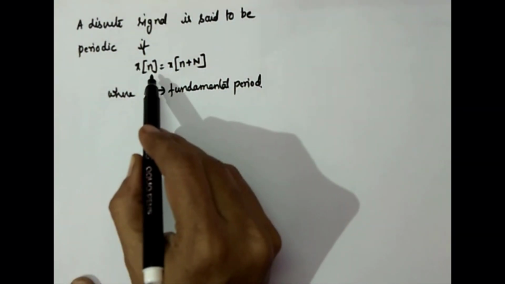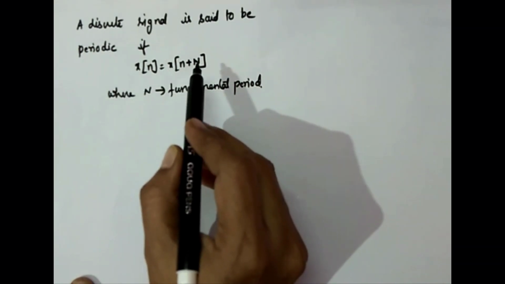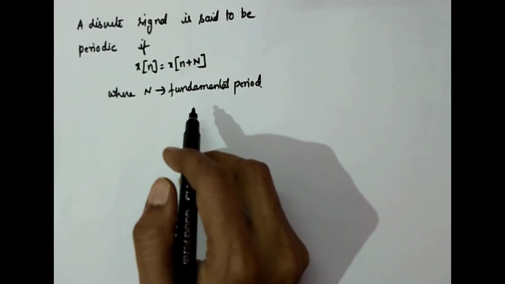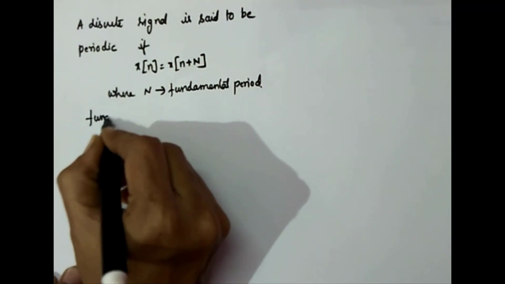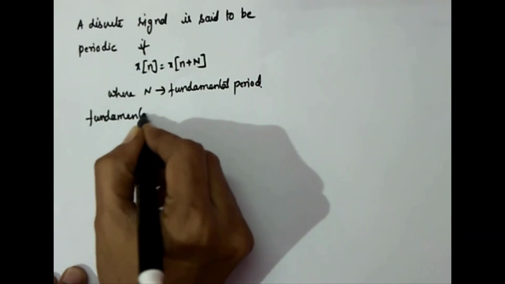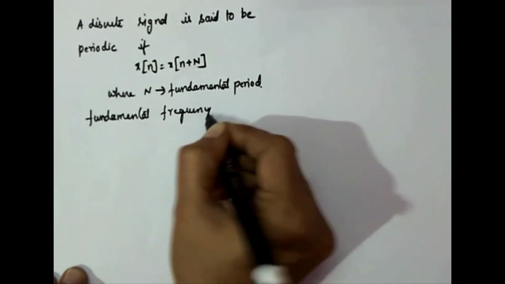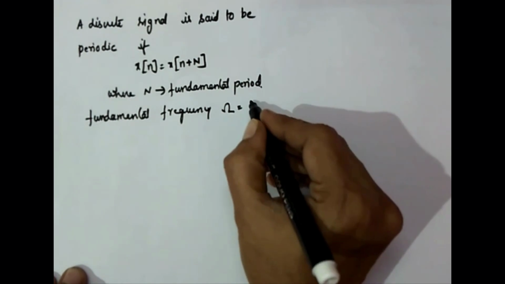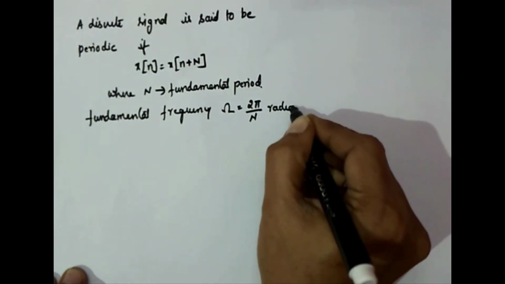The signal will repeat after every N, like n0, 2n0, 3n0, etc. The fundamental frequency in the case of discrete is represented by omega, and that is 2 pi by N radians.